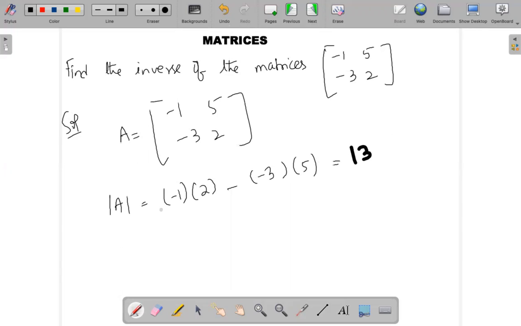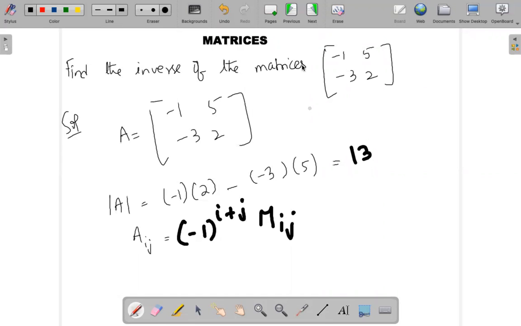Now what you have to find out is the cofactors. So the cofactor formula is A11. So let us find A11.